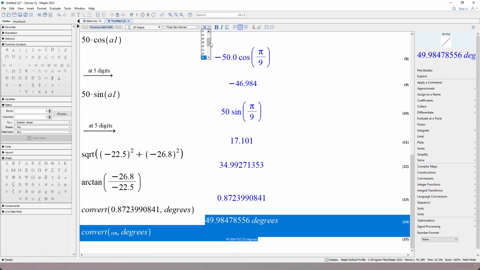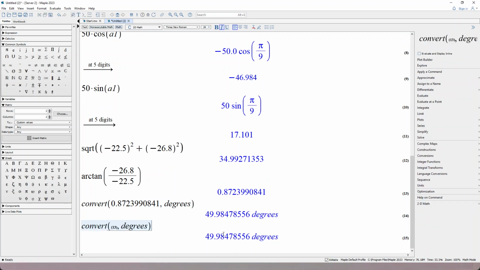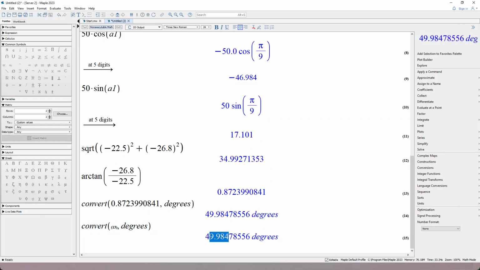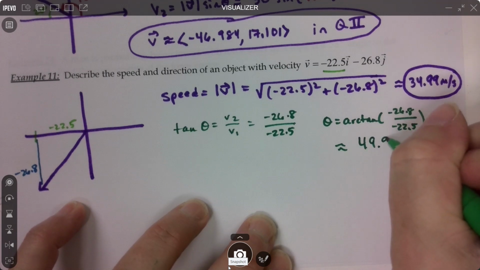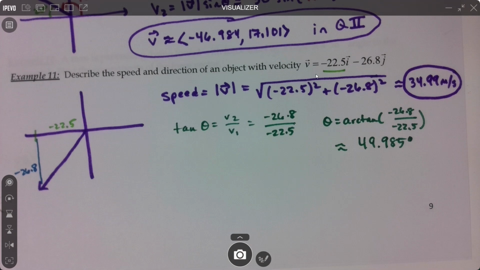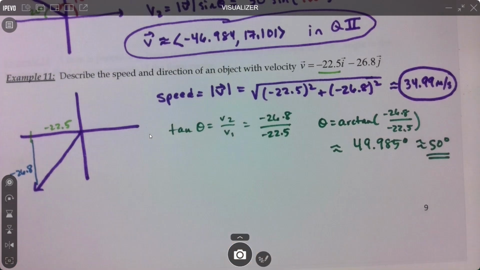So you can use the label references. They're very nice for running programs. So it's 49.985 degrees. We'll call it 50 degrees, which I'm going to round to just for the sake of our sanity.